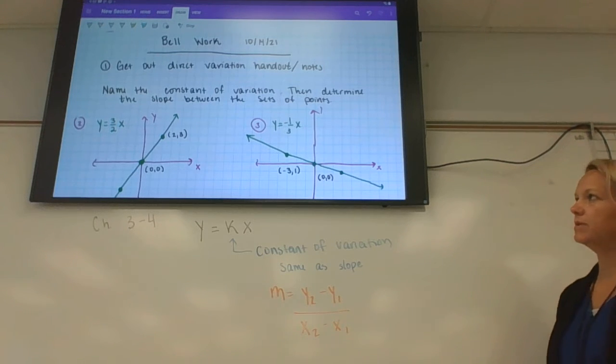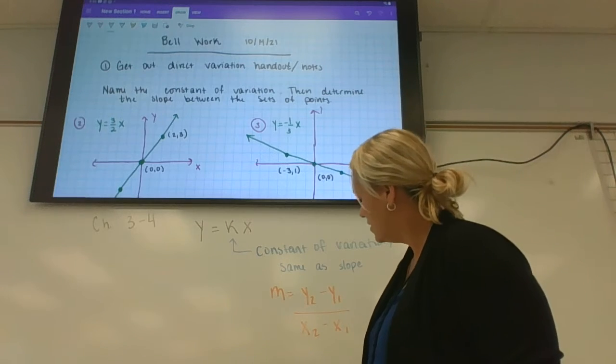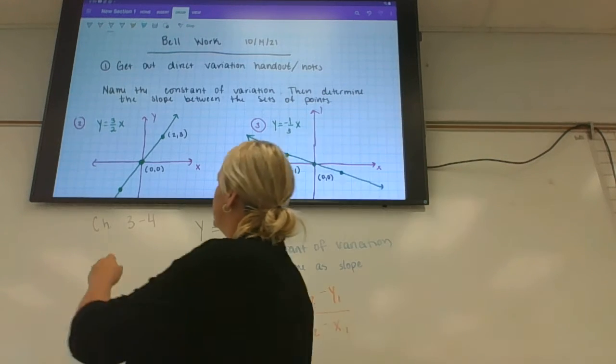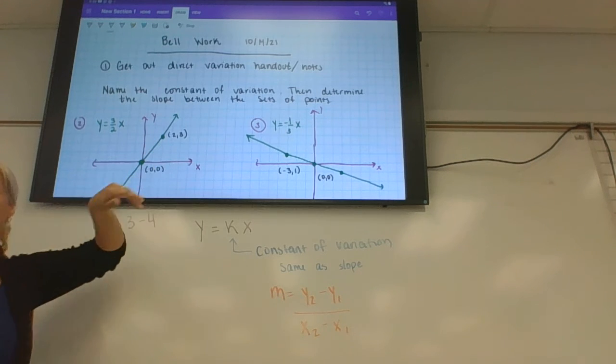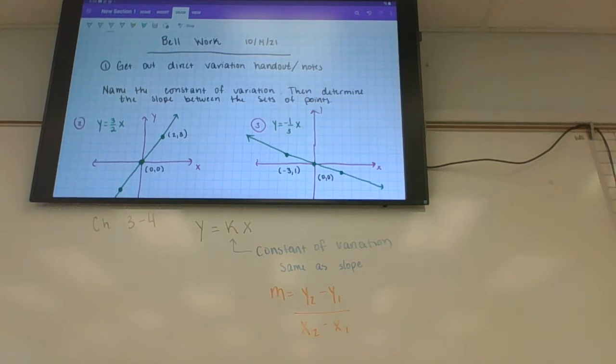So looking at number 2, it says name the constant of variation, then determine the slope between the points. So what's the equation number 2, Jaden?